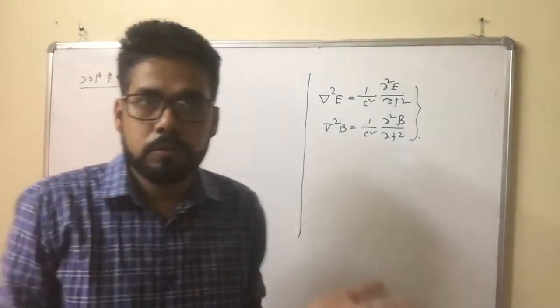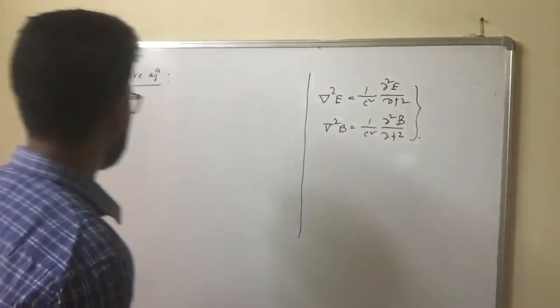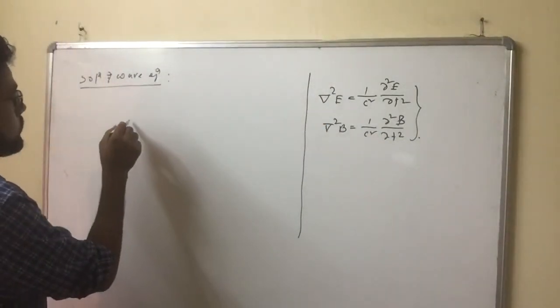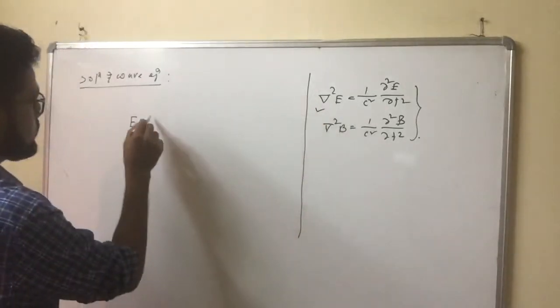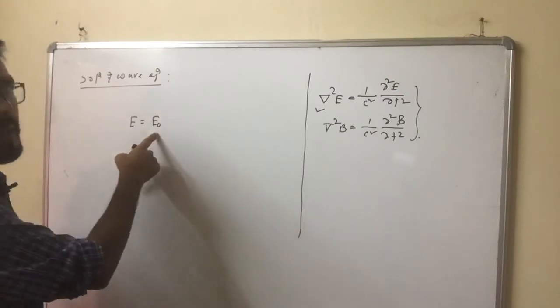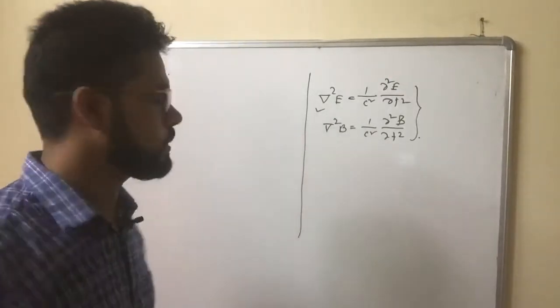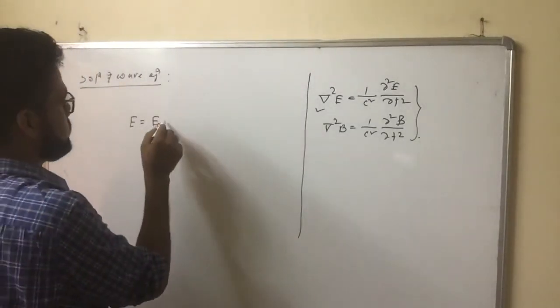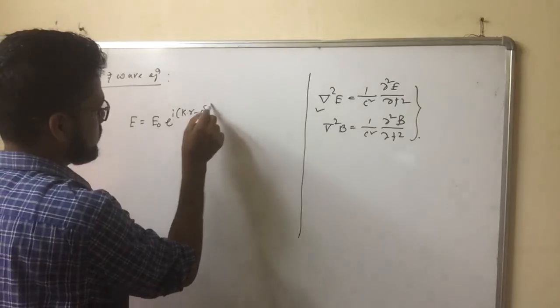There are three possible solutions. You can take it in terms of phasor form. Take this solution of the wave equation: E equal to E naught, which is a vector and may be a real number or a complex number, whatever it is, e to the power i (k dot r minus omega t).